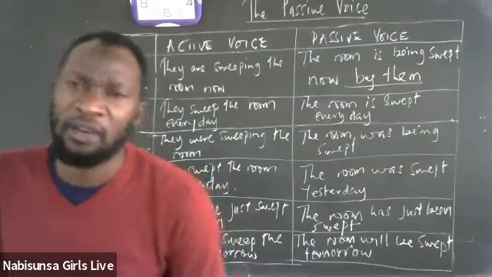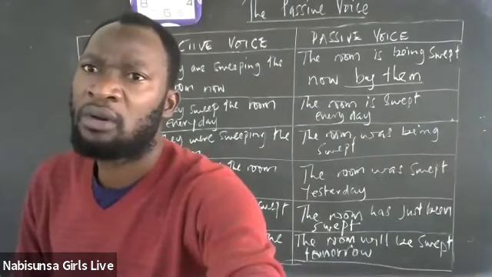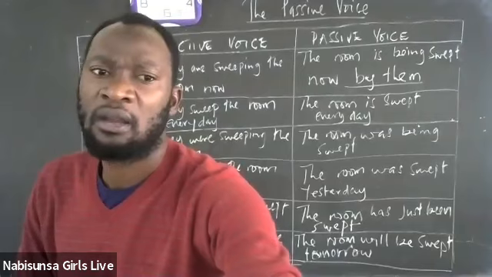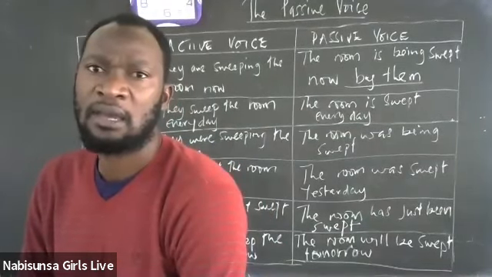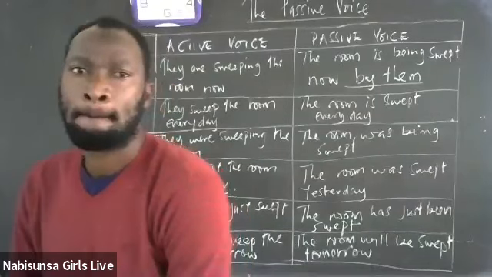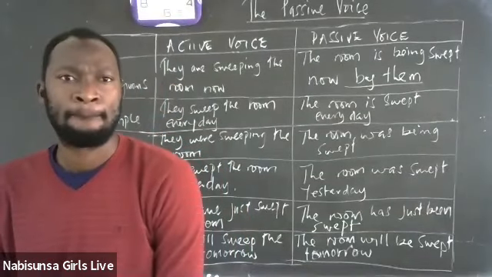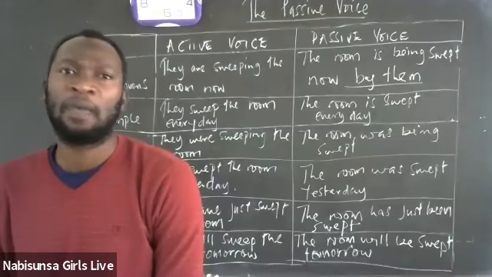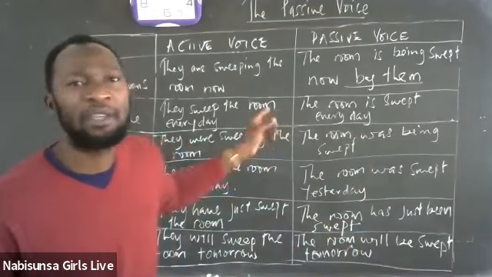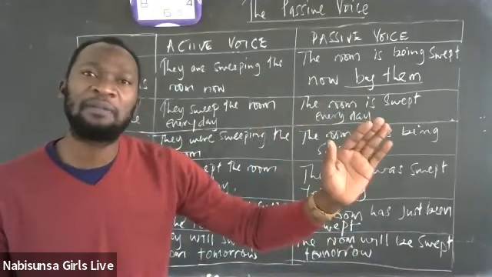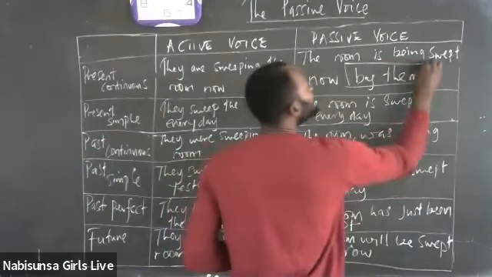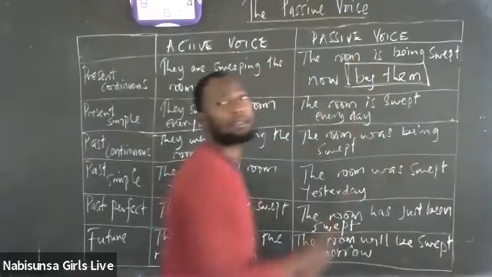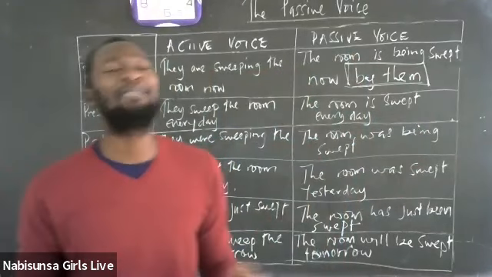Yes, Ramina, you have raised your hand. Teacher, when you know the subject, you just ignore it also like that? Of course, we just ignore. In the passive voice, even if we don't put "by", even if we forget it and do not use it, that is okay.